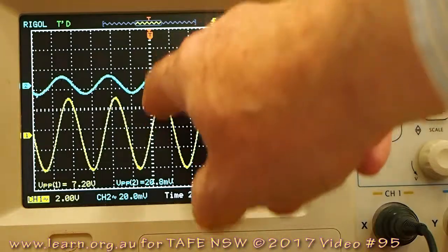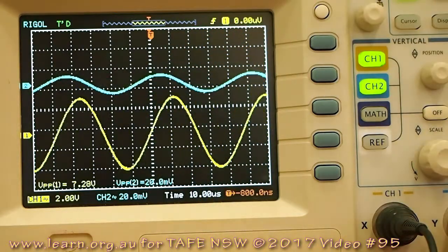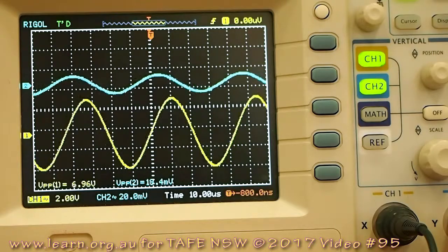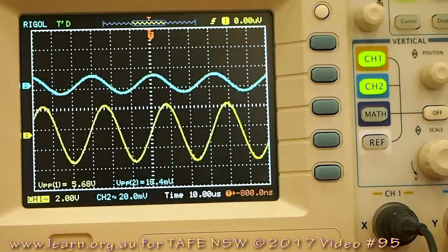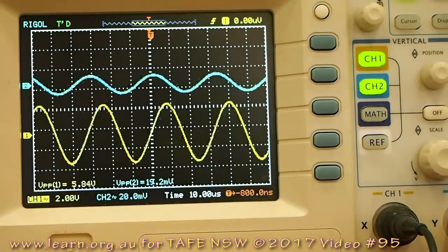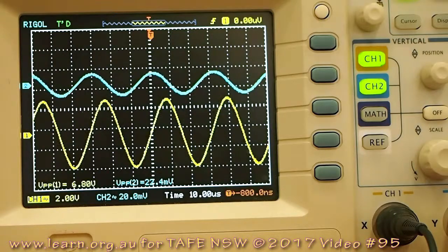It's kind of looking a little bit peaky. I'll go a little bit higher. 21, 22, 23, 24, 25, 26. We are shrinking down in output, so I probably should increase the output level a little bit and try and keep up to where I was.